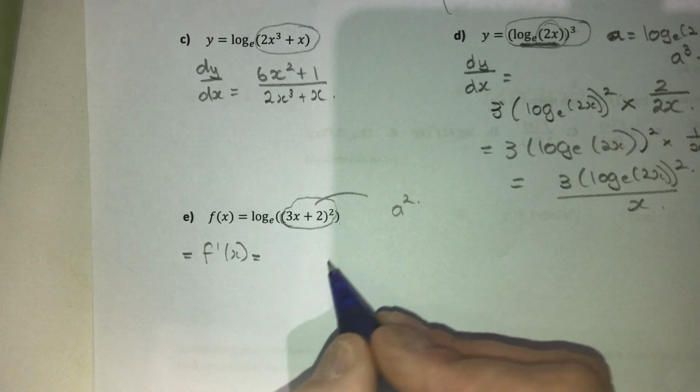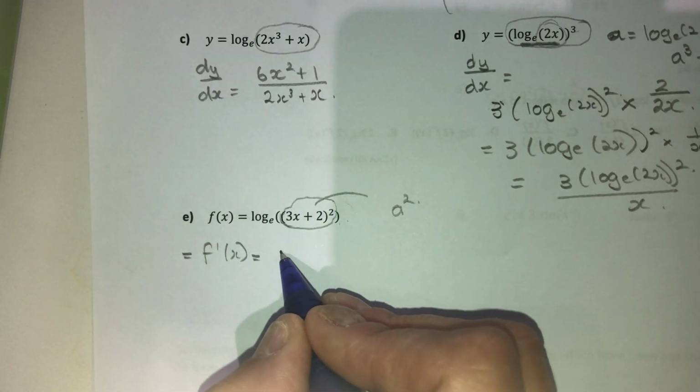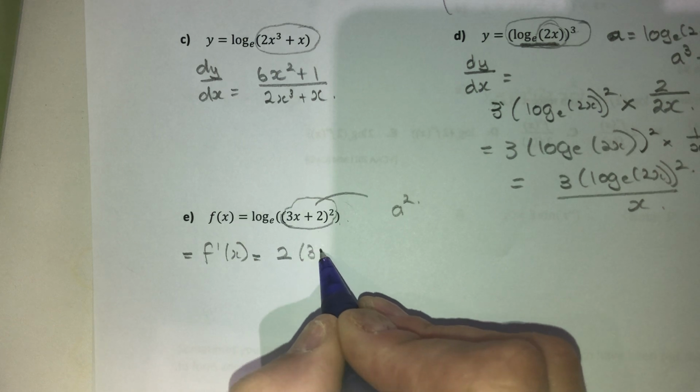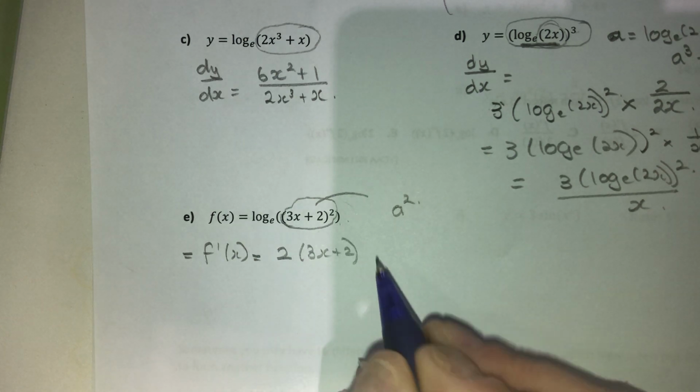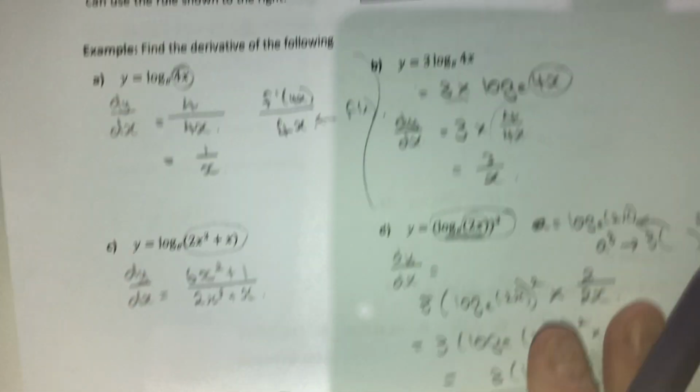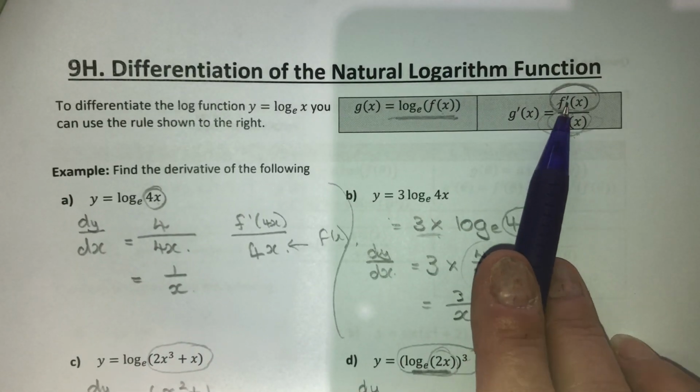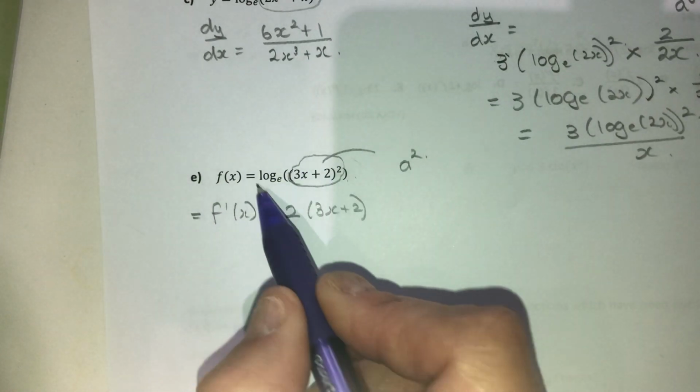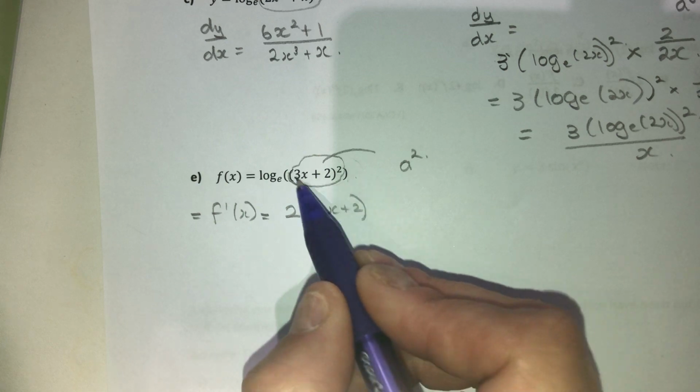Okay, because on the top, remember, goes the differentiation of it. So this will become 2 times 3x plus 2. All right, so this is way back to here. Differentiate the whole, lose the log, differentiate.